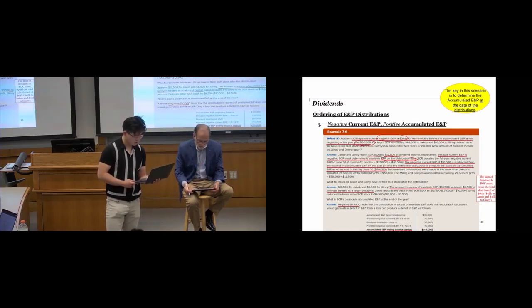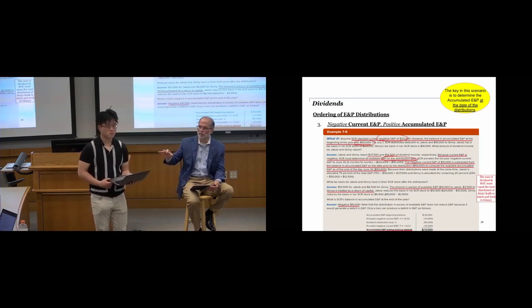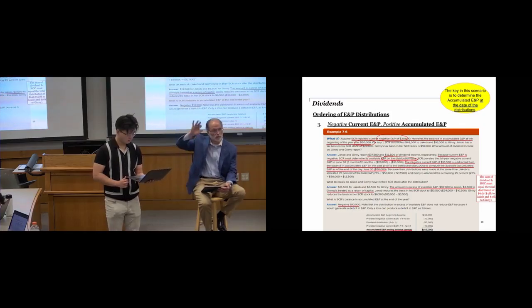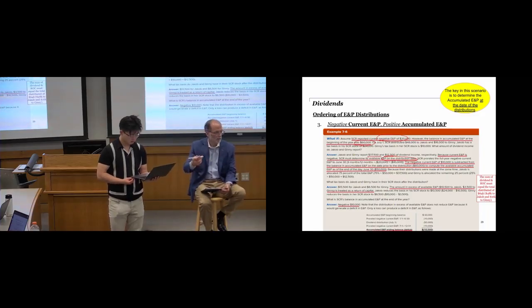Jacob reduces the basis in his SCR stock to 13,500, and Ginny reduces the basis in her SCR stock to 6,500. And I'm there because I've fully exhausted the accumulated E&P as of the date of distribution. 50,000 went out, so there is no more E&P, right? So I have to go to my second category, which is my return of capital, and it all depends on whether I have sufficient basis.